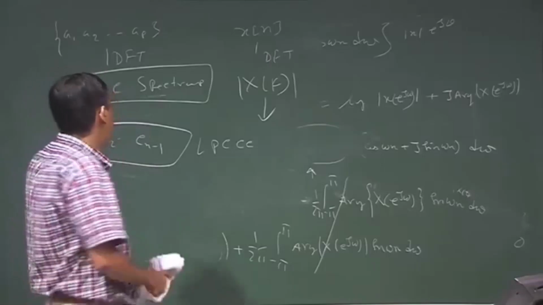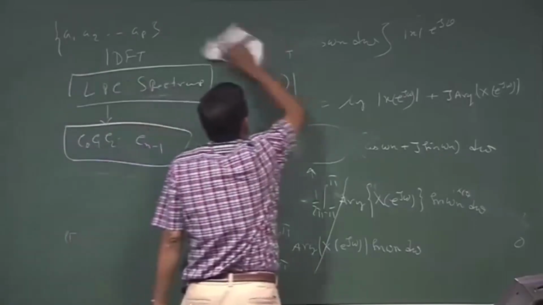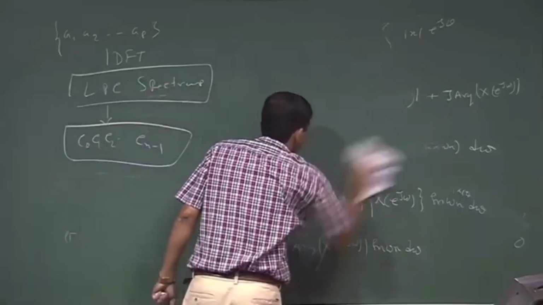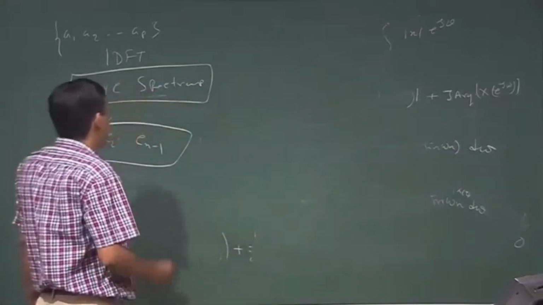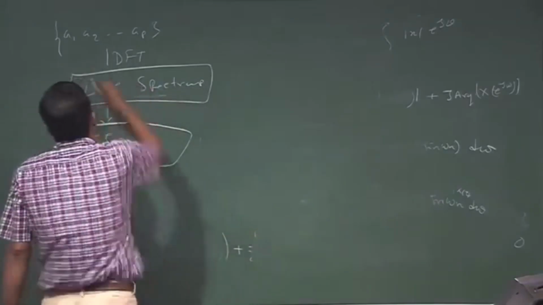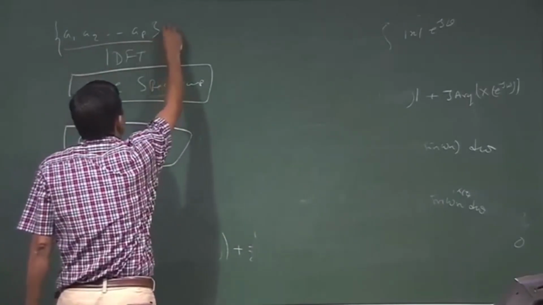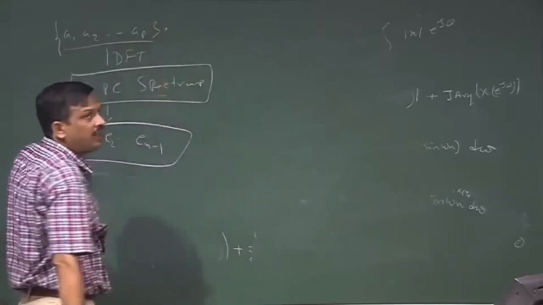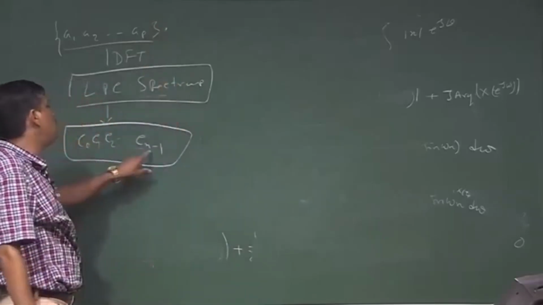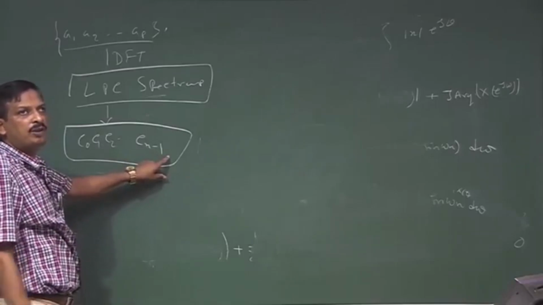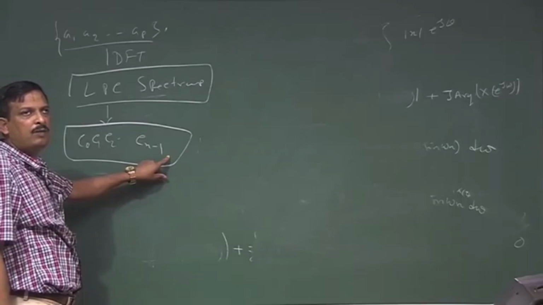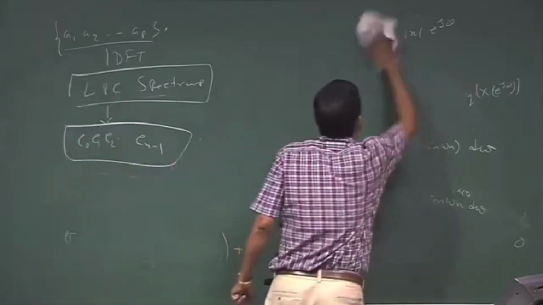Okay. So if it is the LPC cepstral coefficient, how do we calculate it? It is done using three equations, which are given in the slides, and I am writing them. If A1 to AP are the LPC coefficients and I want to find the values of C0 to C(n minus 1), the real cepstral coefficients, how do I do that?